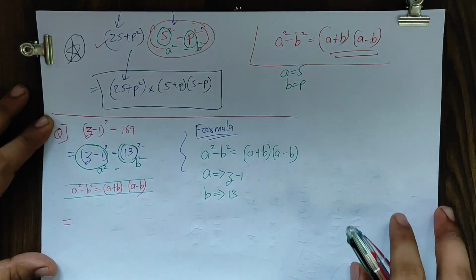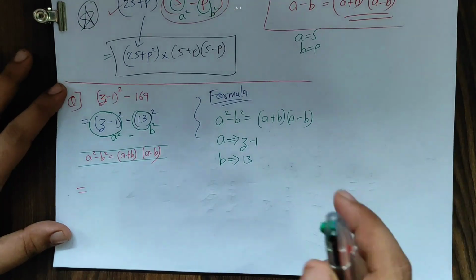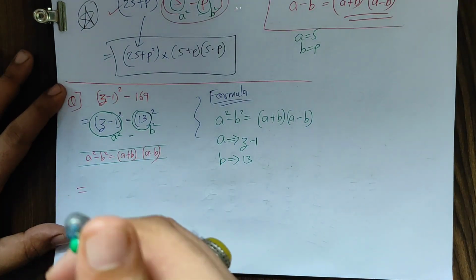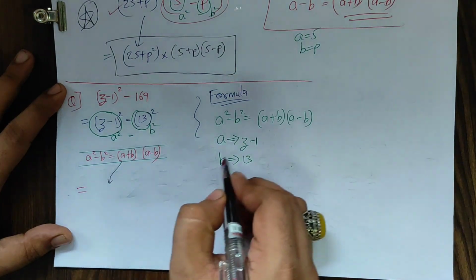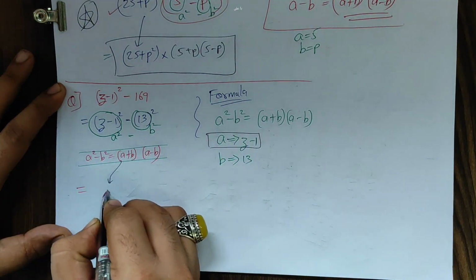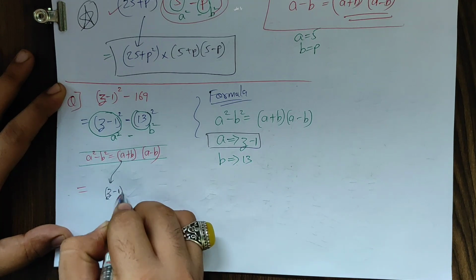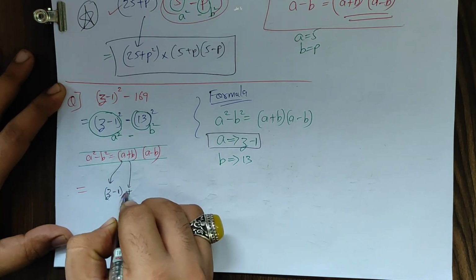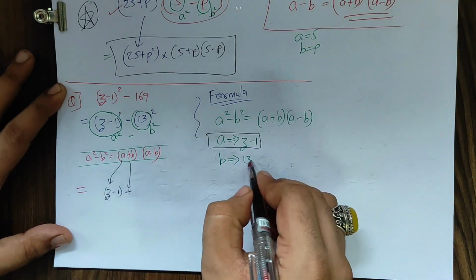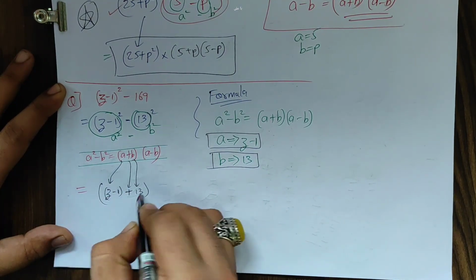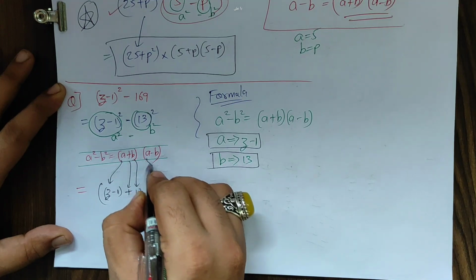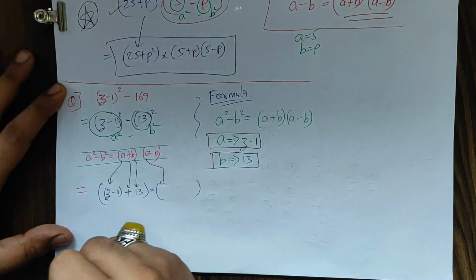Come on all of you, let's do it please, everyone over here. So my a over here is z minus 1. At the place of a I'll put z minus 1. In between I have plus. My b over here is 13, so in the place of b I'll put 13, multiplied by, once again, a, which is z minus 1.